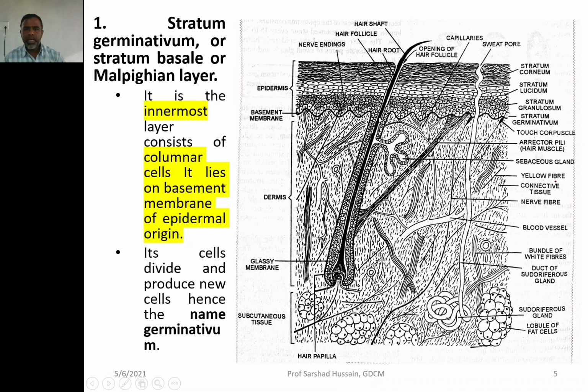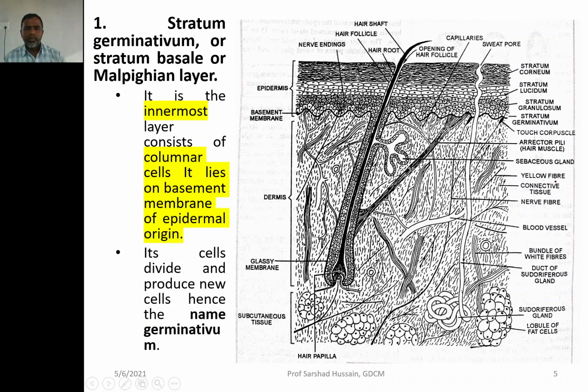Column shape means having more height than the width of the cells, and these cells are present on the basal membrane or the basement membrane of the epidermis. This basement membrane, shown over here by a dark line, is again derived from the epidermis.